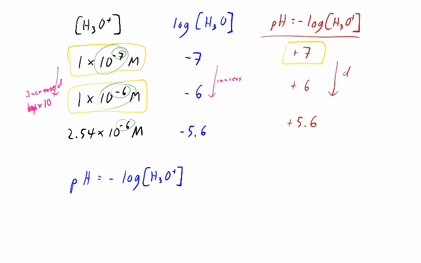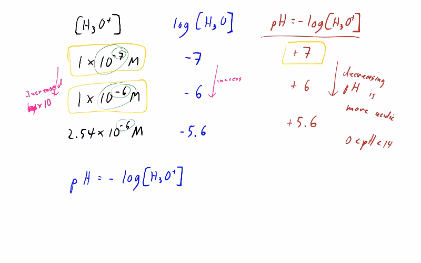So decreasing pH is more acidic. The pH numbers tend to range from 0 to 14. You can go outside of those, but it would be very rare. There are few exceptions to that. So the pH will be between 0 and 14 for the most part.